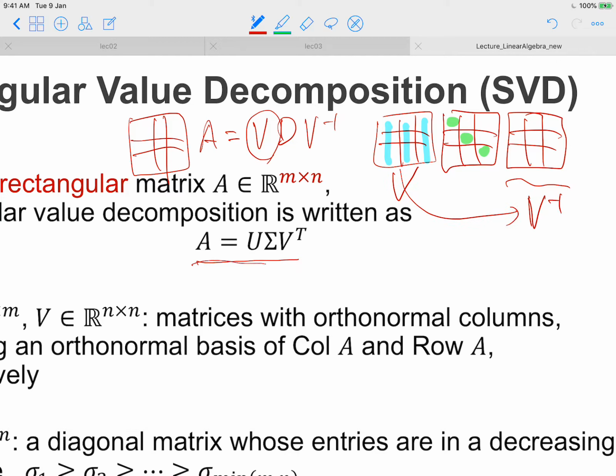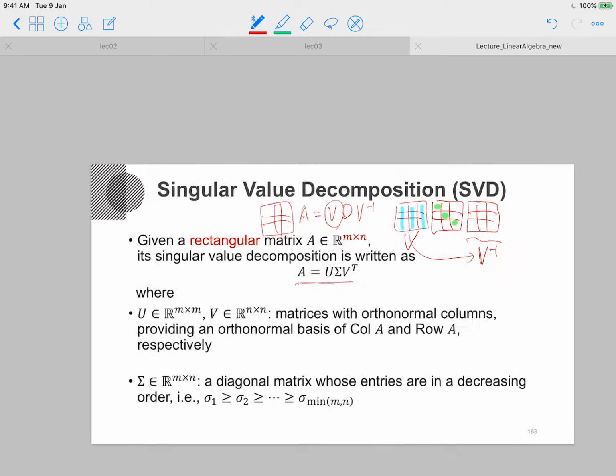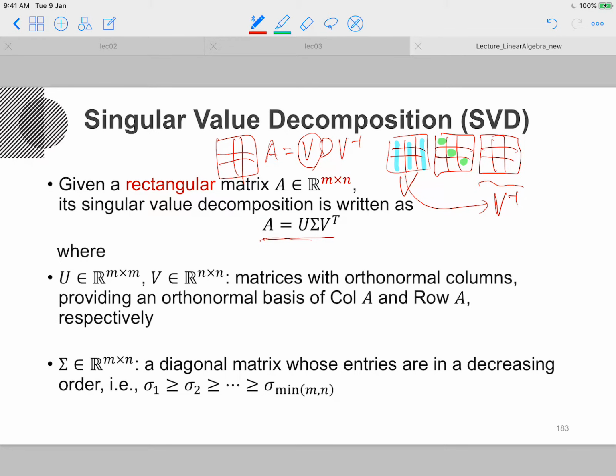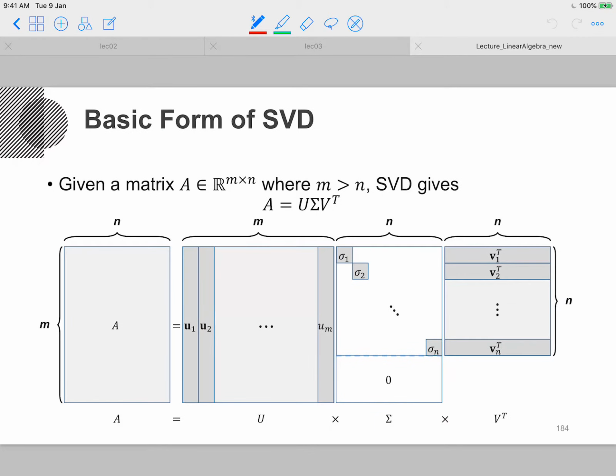In the case of singular value decomposition, let's look at the shape first. If A is 5 by 3, it will be decomposed into three matrices: 5 by 5, 5 by 3, and 3 by 3. So in the middle, it is the same size as the input matrix.